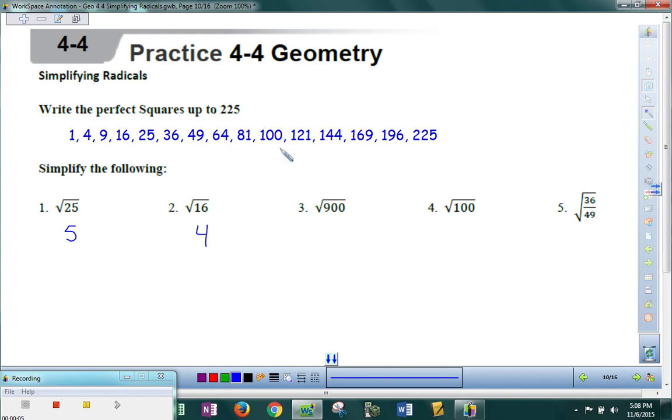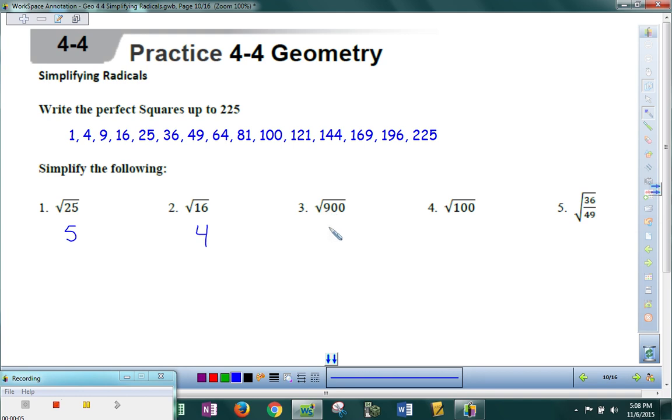Number 3, do we know if that one's a perfect square? We definitely don't see it on our list, but that's because our list doesn't go up as high. If we're not sure, we can type it in our calculator and see if there's some number that multiplies by itself to get 900.